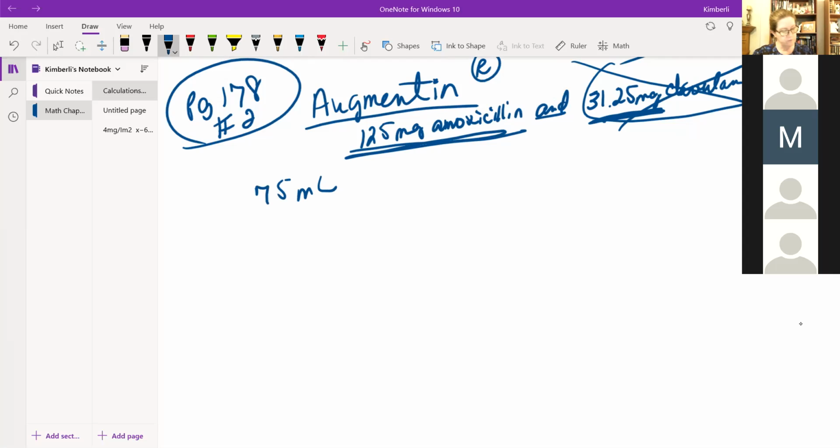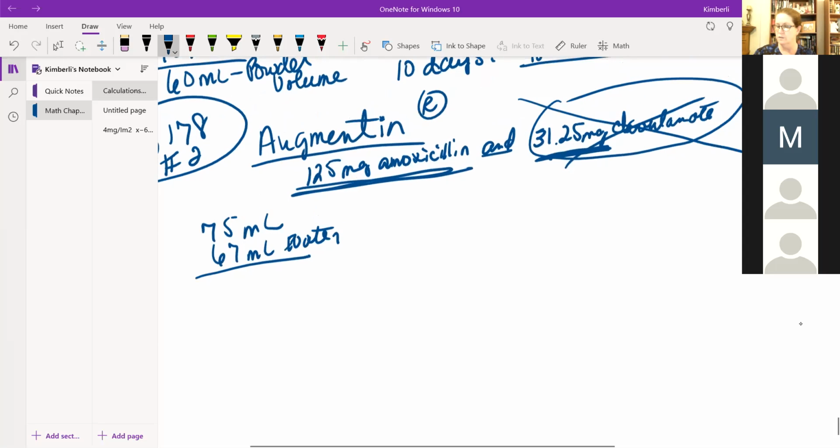And what volume of diluent should be added? They put it like 67 ml in the directions, right? Yes, 67 milliliters of water is added. So if you subtract that, what do you get? Yeah, 8 milliliters, good.